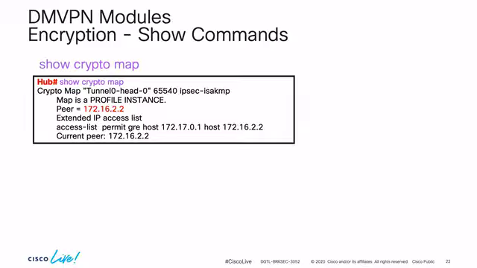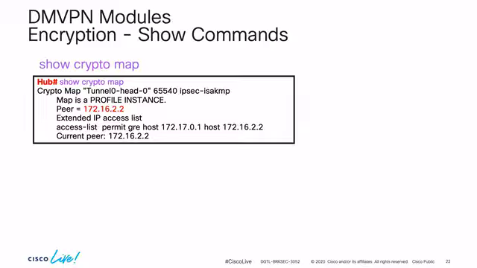In this output, what is interesting is we get to know what the peer IP address is, and what the crypto ACL is, like what traffic gets encrypted. All of this information is derived from the NHRP cache. I'm going to go into the details about NHRP in the next module.